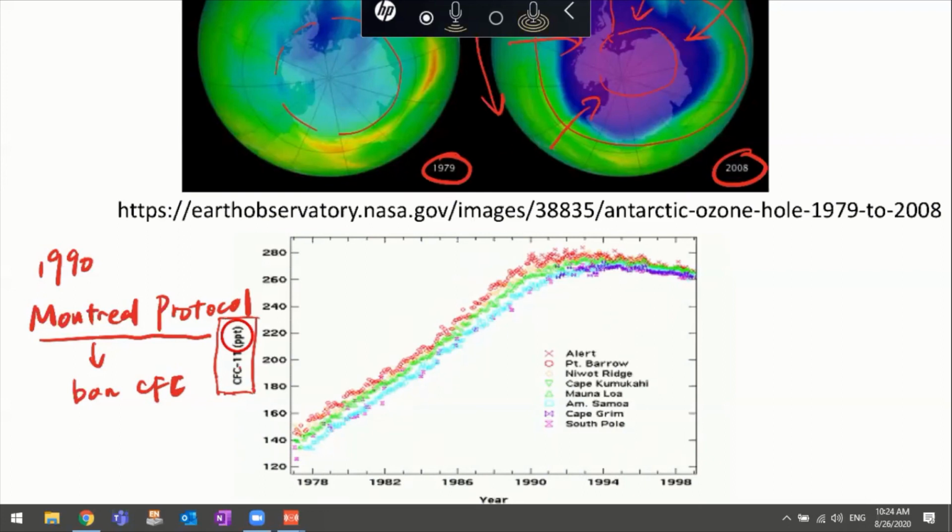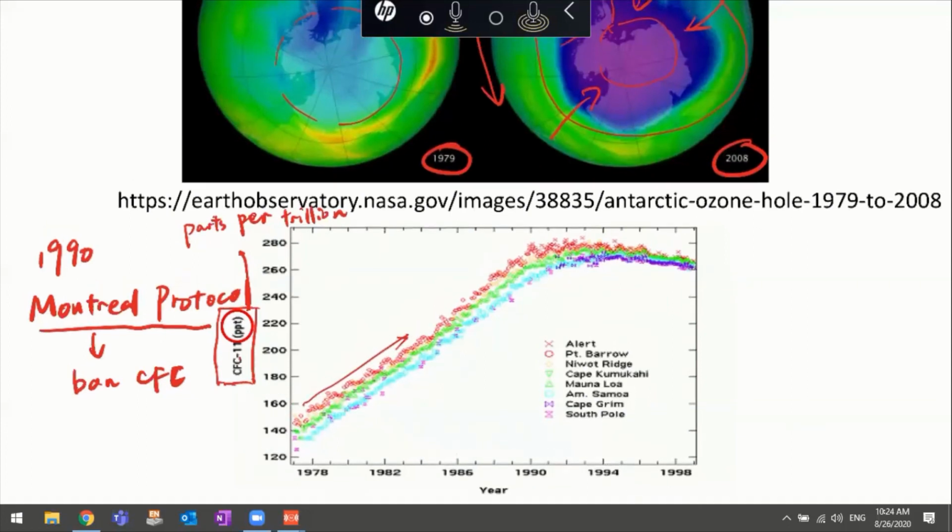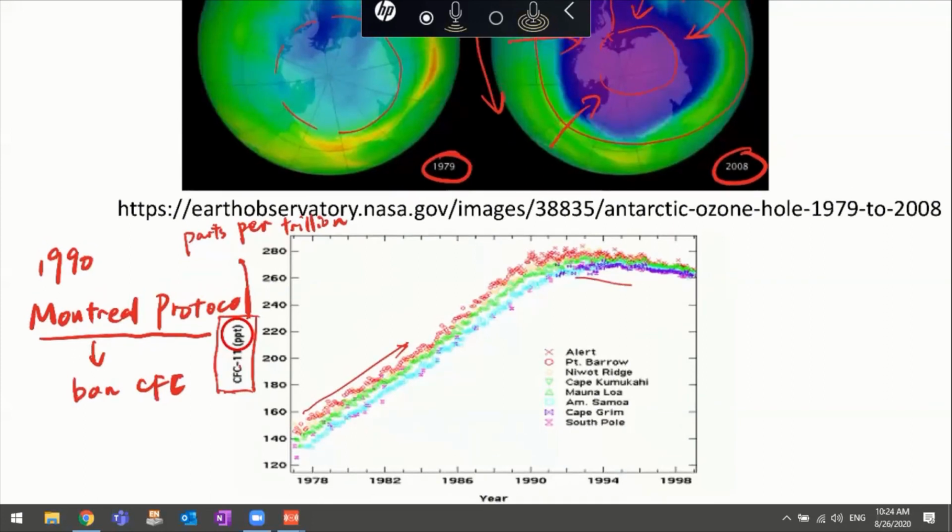Here you see the unit is ppt, which means parts per trillion. You see that before the year 1990, we're seeing a steady increase of the CFC, right? After the Montreal Protocol, people started to realize this issue, and then the concentration started to decrease very gradually, right?